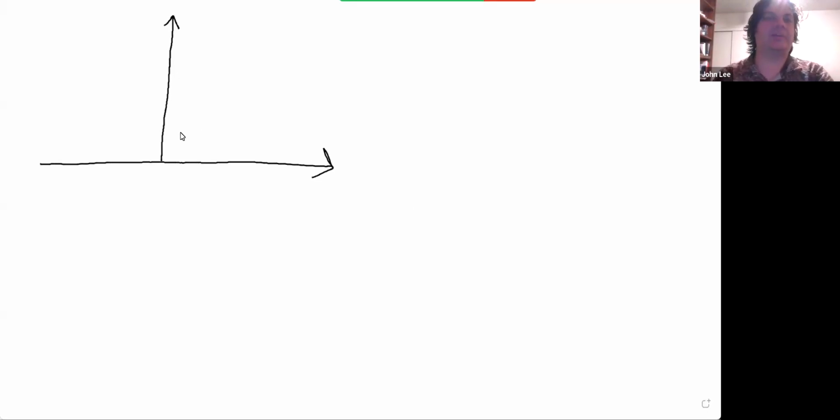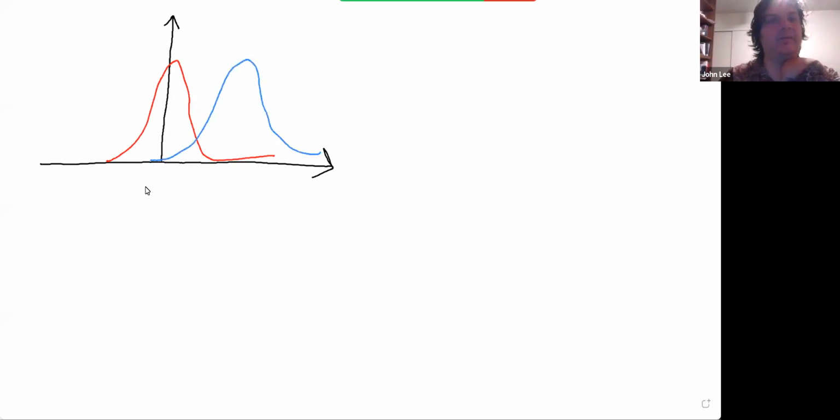First of all, a reminder about something you probably learned in algebra class: if you shift a function by some delta x, then f of x goes to f of x minus delta x.